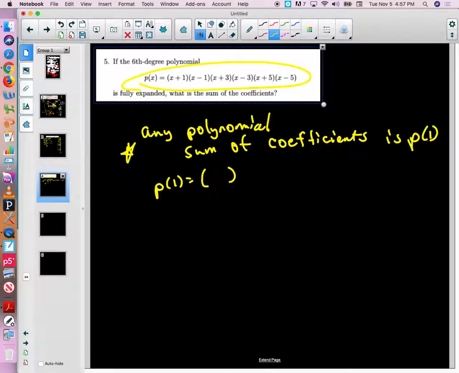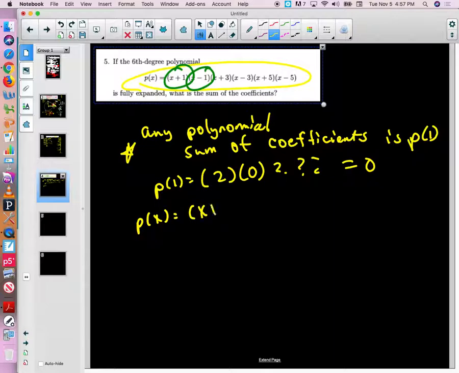All right, so 1 plus 1 is 2. I can stop here because 1 minus 1 is 0, and it doesn't matter what else I get out here. All of a sudden, the sum of the coefficients is 0. Let's take just a different polynomial to look at, like x plus 3 times x plus 2.